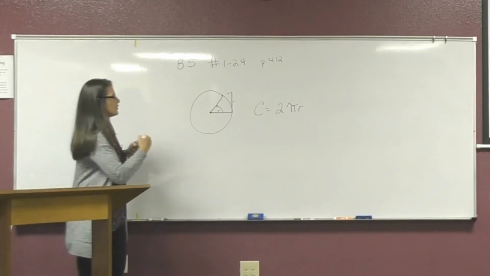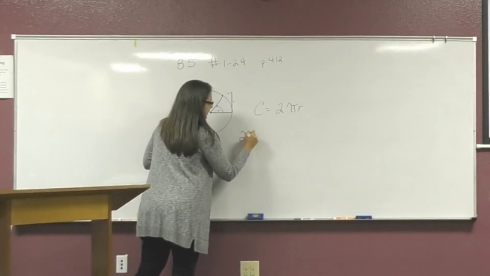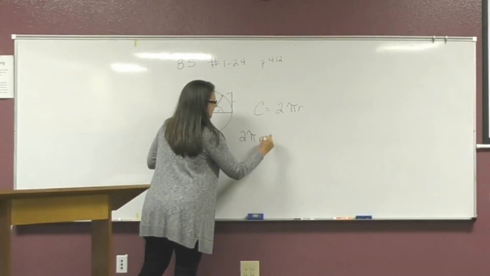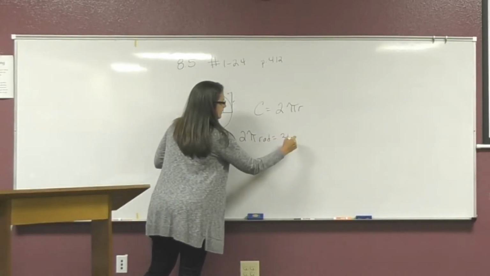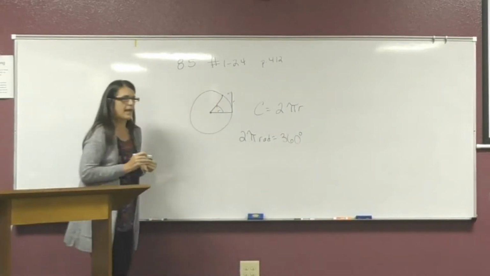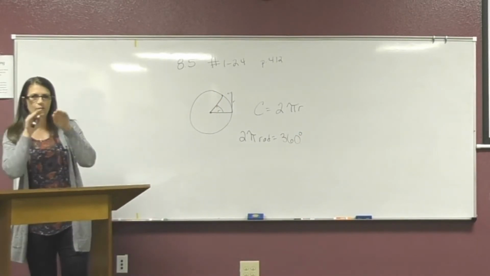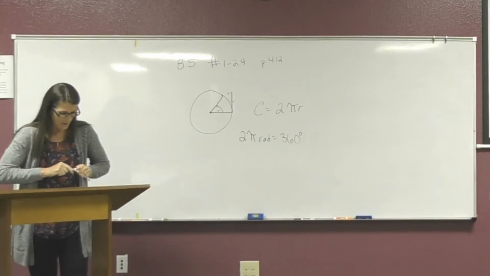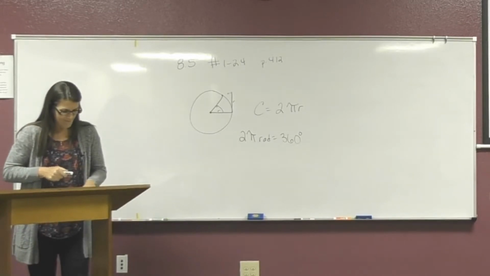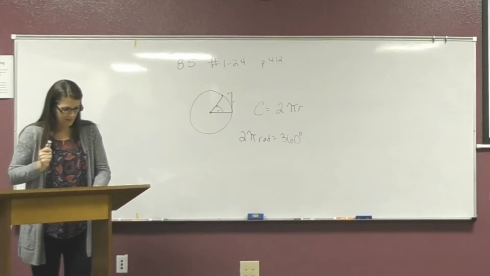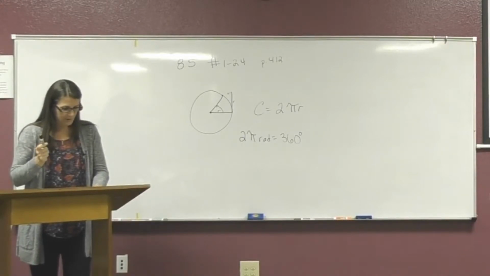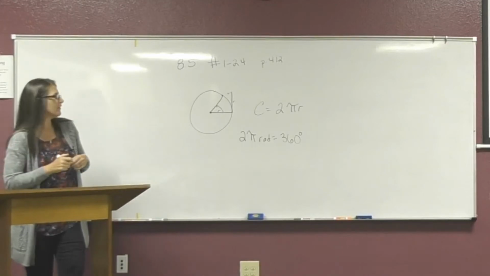So 2 pi in radian measure is the same thing as 360 degrees. Okay, those are equivalent. So let's see, where are we at? The equation reduces to give the following relationship.